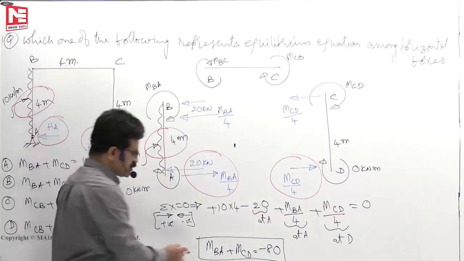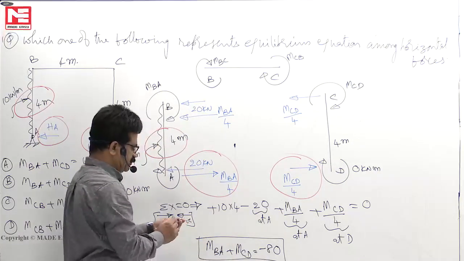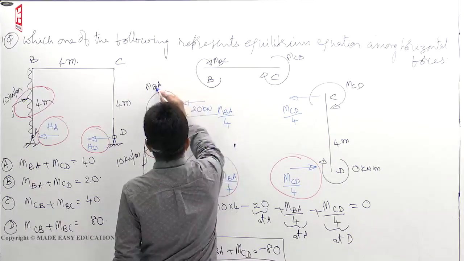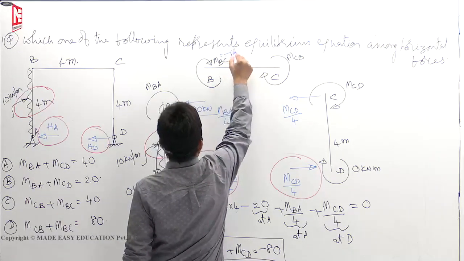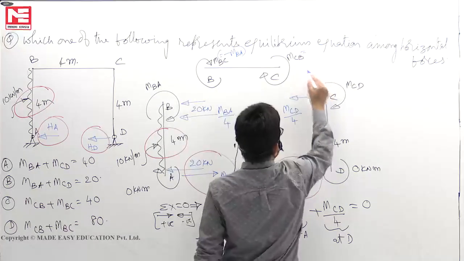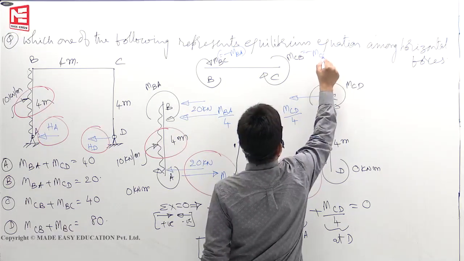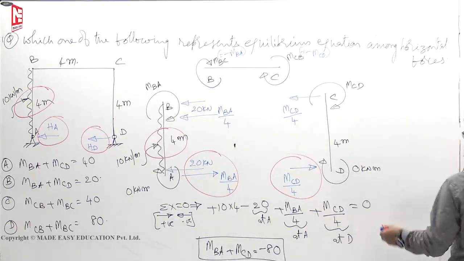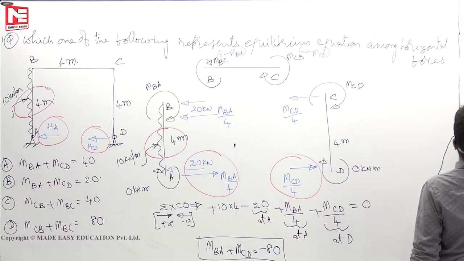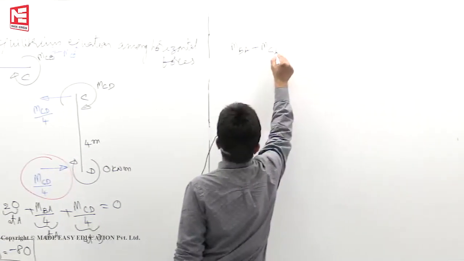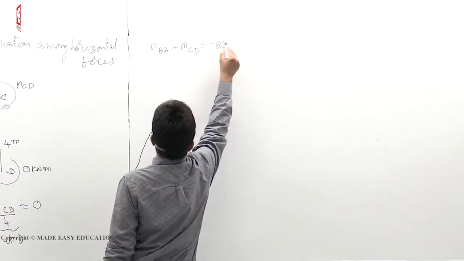That means he is not asking you in terms of BA and CD. Now you see, MBC I can write as minus MBA, as in the earlier problem. MCB means minus MCD. So we can write like this: MBA plus MCD is equal to minus 80, which is what you got.